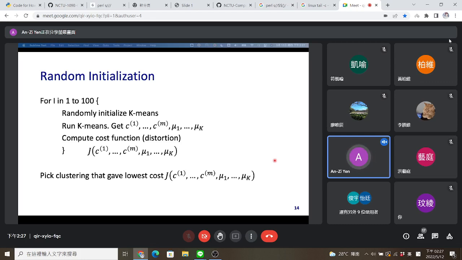So for k-means with random initialization, if we are trying to find clusters with a relatively small number of clusters, we can run multiple random initializations, which may help us to find a much better clustering of the data.